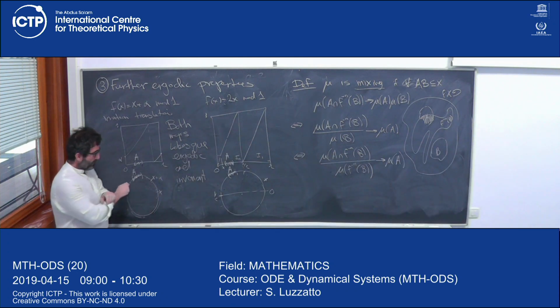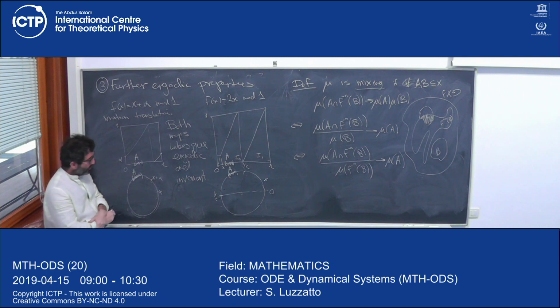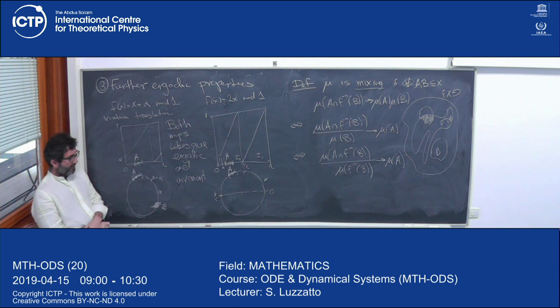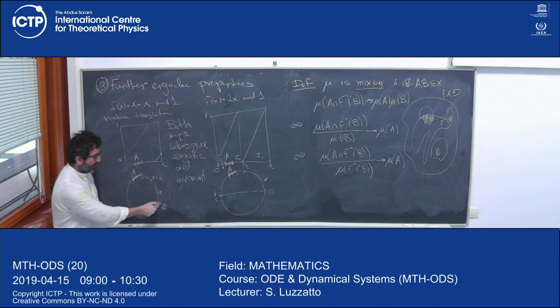So, is this mixing? Is Lebesgue measure mixing? Let's take two sets, A and B, and let's take the pre-image of B. The pre-image of B is just a translation. We just take this little interval and translate it.